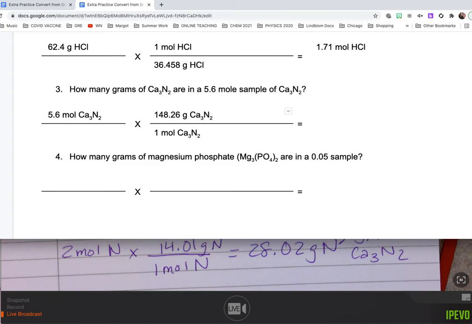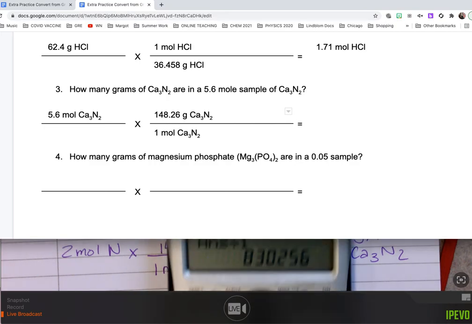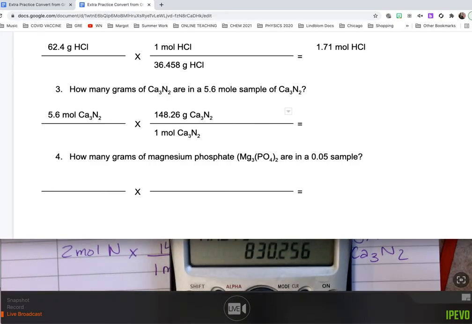Then I just multiply across and then divide down. So 5.6 times 148.26, divided by 1, and I end up getting 830.256.